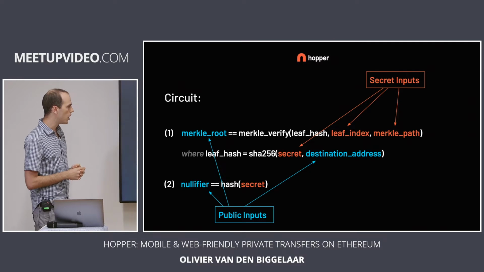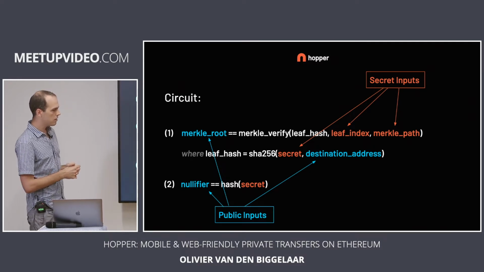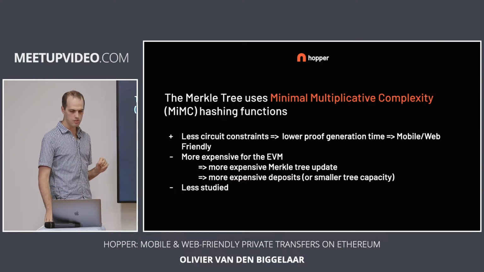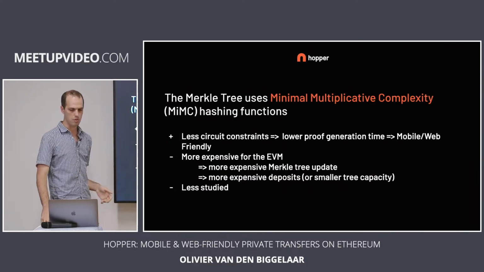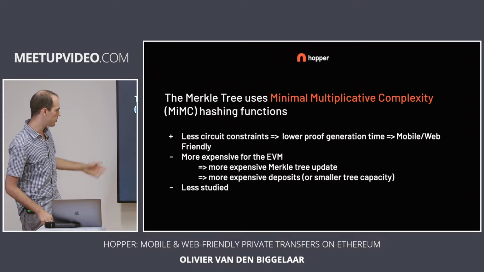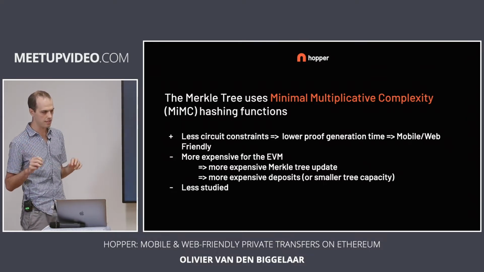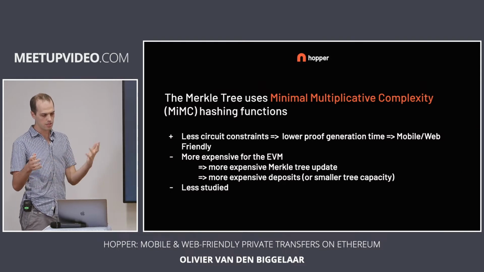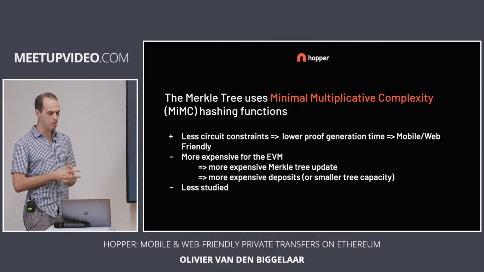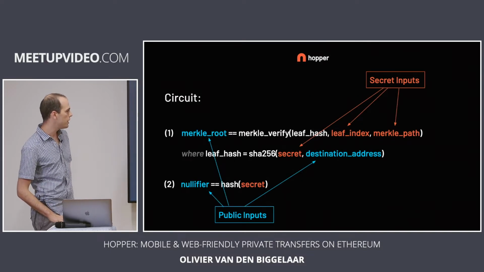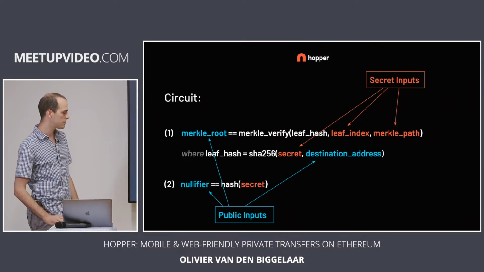So you really want to have a hash function that is friendly to the SNARK. And for this reason we used MIMC. Merkle trees often use SHA-256, but we use a more fancy hashing function. MIMC stands for minimal multiplicative complexity, and multiplication is really what you pay for in this system.